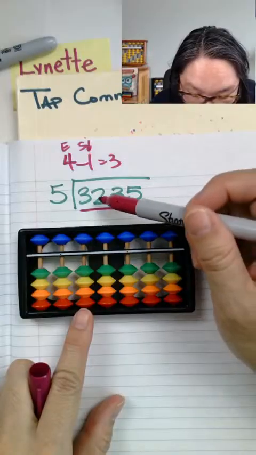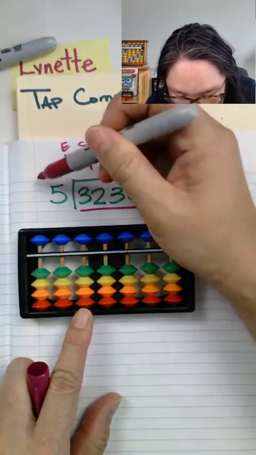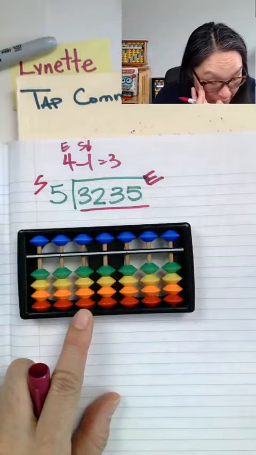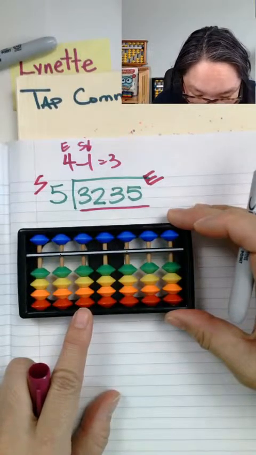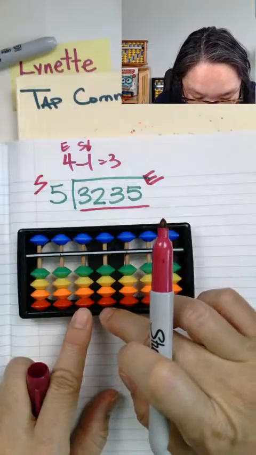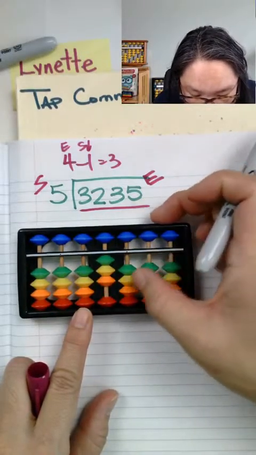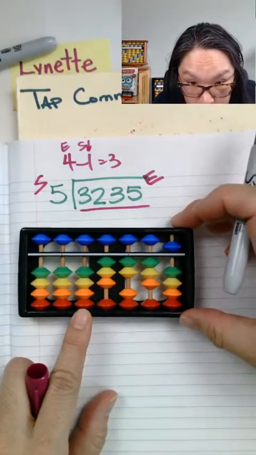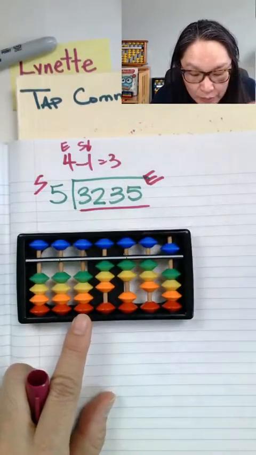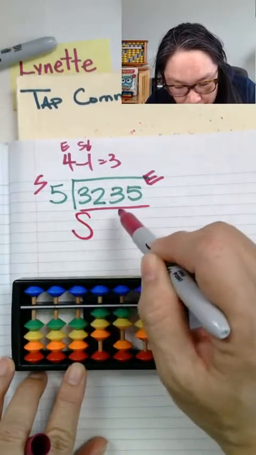Now what we're going to do is put our dividends on the abacus. I'm going to start here on the third column. I have 3, 2, 3, 5. Now I'm going to compare.